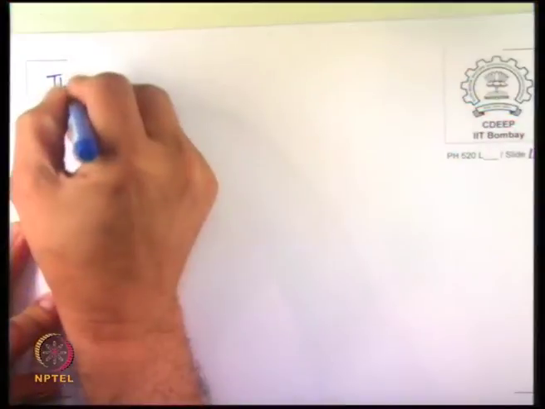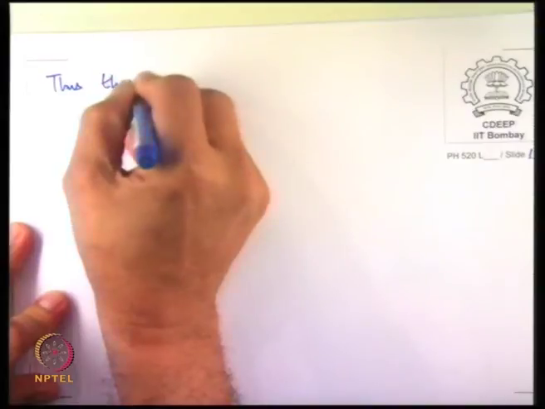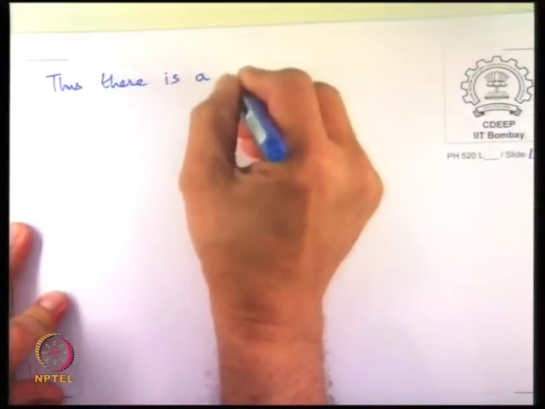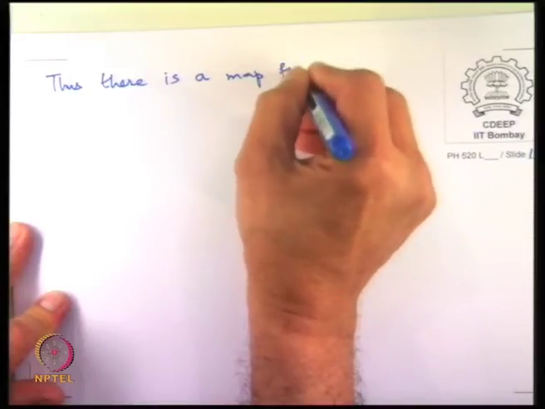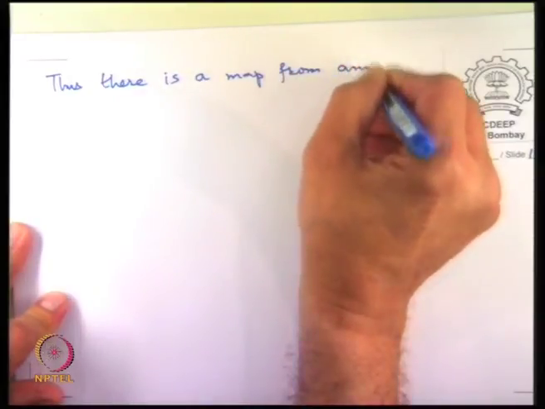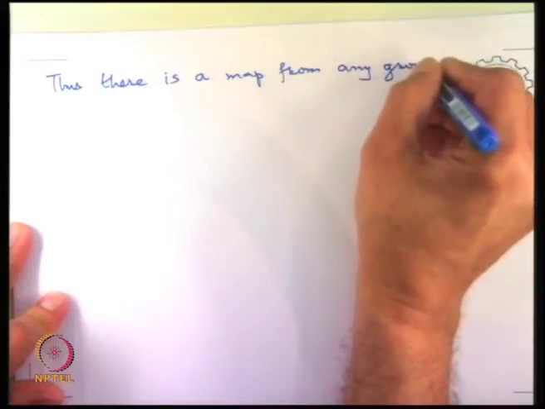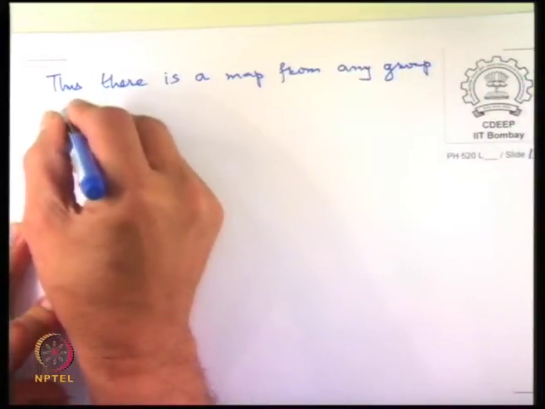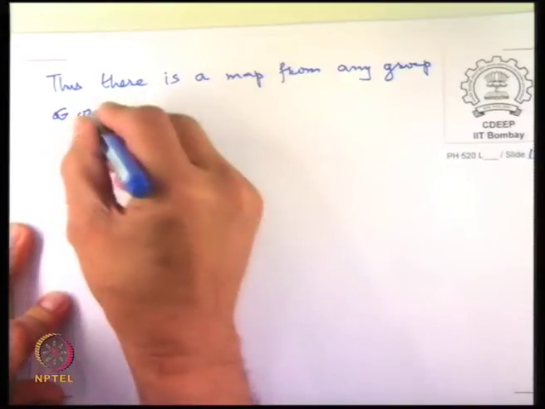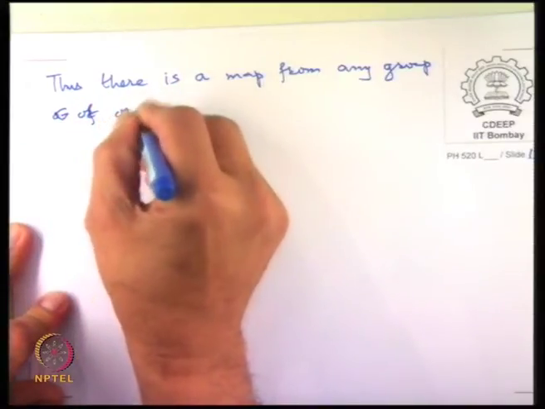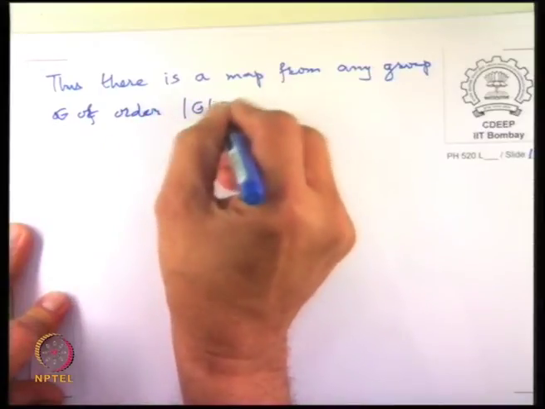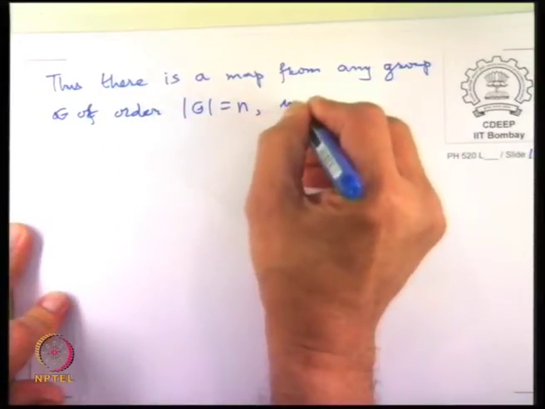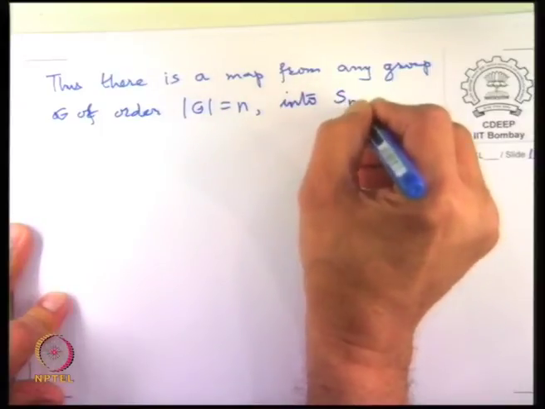Now we have to check the group property. That it actually forms a subgroup of Sn needs to be proved. There is a map from any group G of order n into Sn.